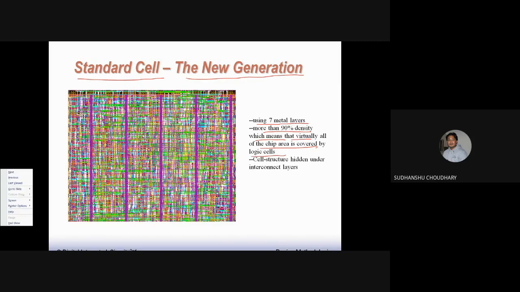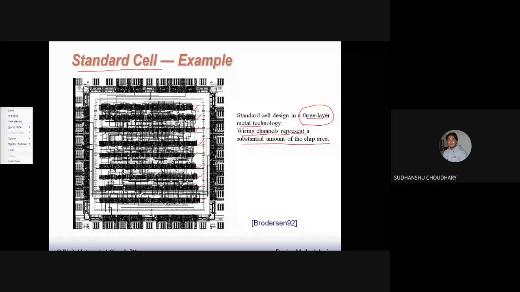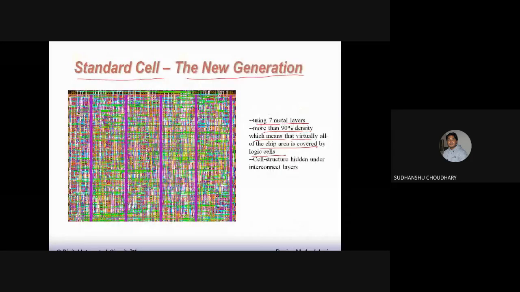And here you will notice that the cell structure, that is these horizontal cells, right? These cells are hidden beneath the layout itself, so you are not able to track the row of cells which may be present somewhere here. These are hidden beneath the interconnect wires, because the interconnect wires are so dense here, right?